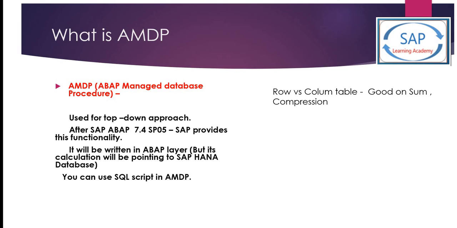So as I said earlier, SAP HANA provides the column store table, which is good if you are writing any kind of select statement with sum, max, mean, because the compression is good for column tables in HANA Studio because it has an in-memory concept.